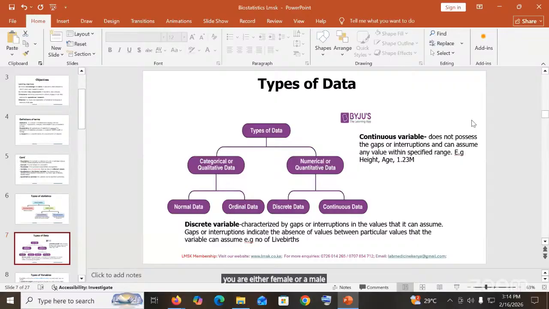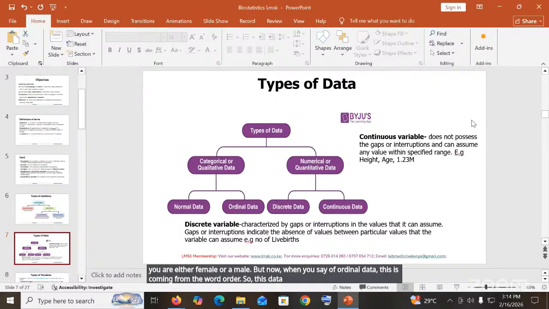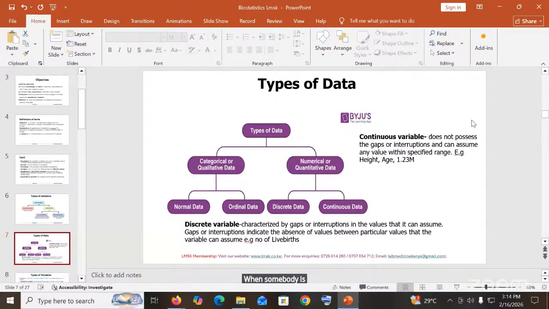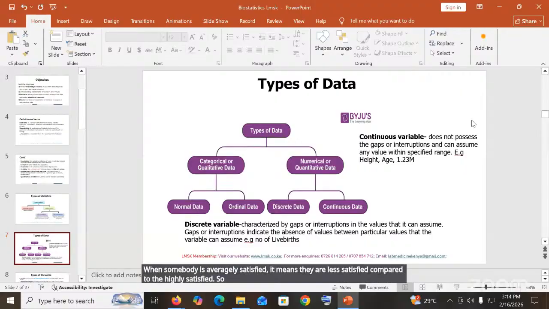But when you say ordinal data, this is coming from the word order. So this data can be ordered. For example, you're talking about a satisfaction index, 1 as lowest satisfaction and 5 as highest. You see, there's an order there. When somebody is highly satisfied, it means they are more satisfied. When somebody is averagely satisfied, it means they are less satisfied compared to the highly satisfied. So that becomes ordinal data.